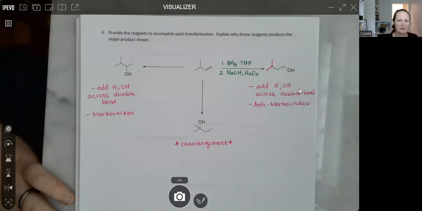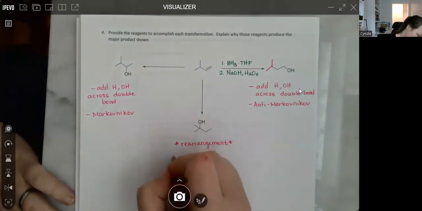Instead, it's actually shifted one carbon over. So if we had gone through a carbocation intermediate, where the carbocation was secondary after proton transfer and putting a proton here, then we could have undergone a hydride shift to get a tertiary carbocation, and end up with this rearranged product.